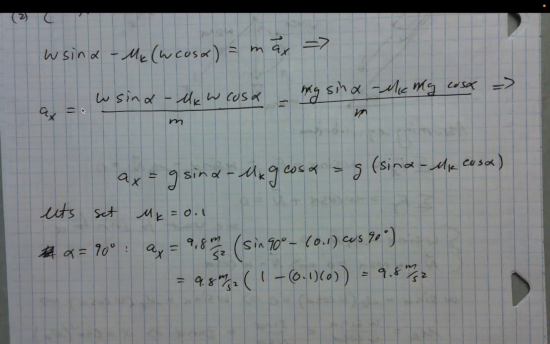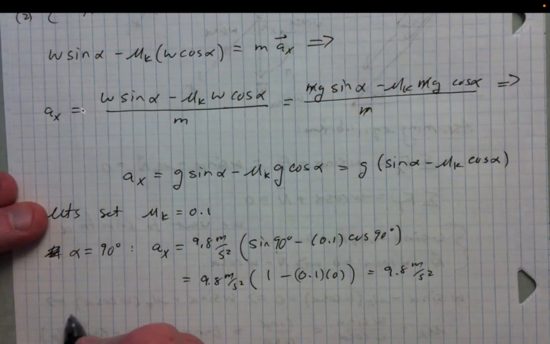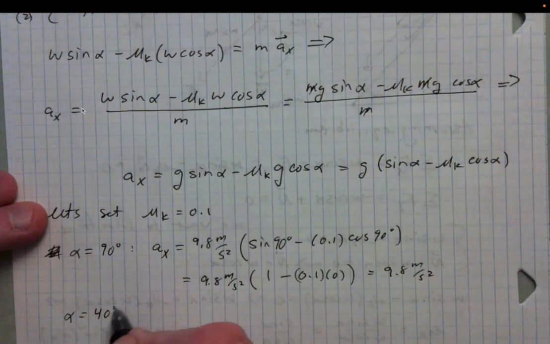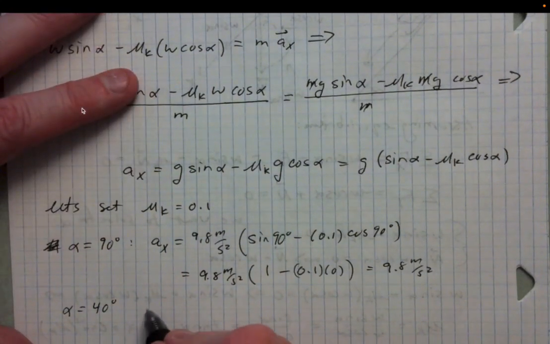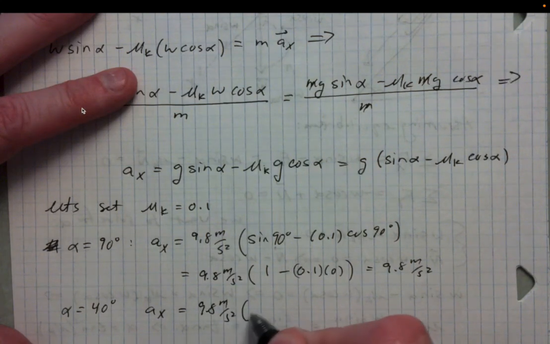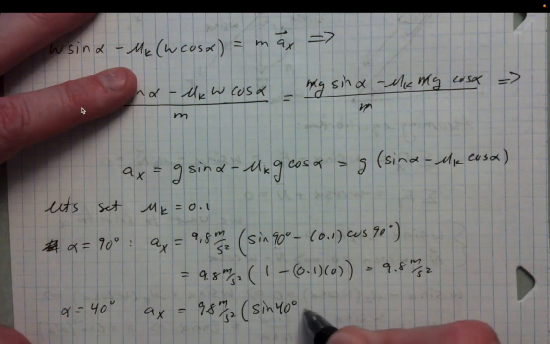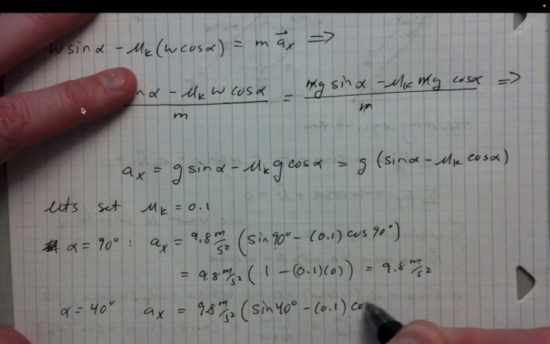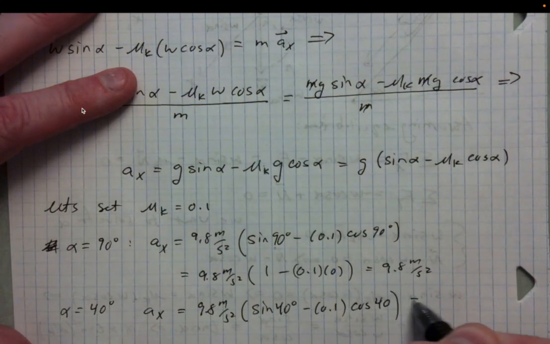Does that make sense? Yeah, basically, alpha is 90 degrees. That means the slope is a cliff. And actually, the sled isn't sliding, it's just falling. Okay, so that's kind of a border case. What about if the slope is a little more like a slope? What if it's a 40-degree slope? In that case, the acceleration would be 9.8 meters per second squared times the sine of 40 degrees minus 0.1 times cosine of 40 degrees.